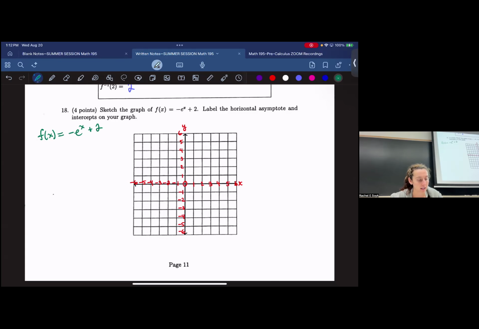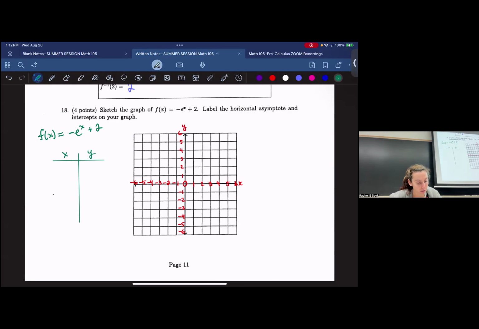Yeah, our x-axis. And then that plus 2 tells us that we have a vertical shift up 2. So remember, do the reflection first and then go up 2.